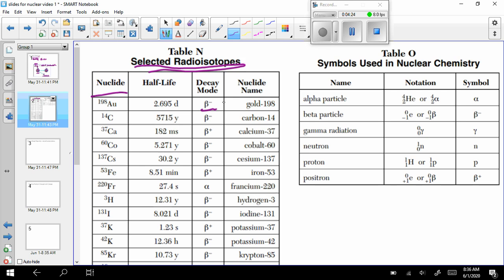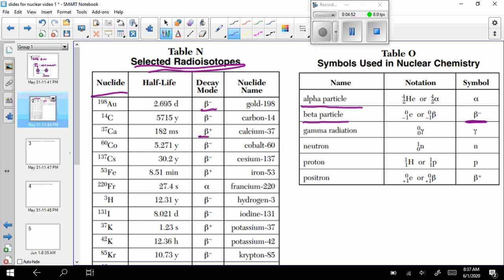So I'm going to look for this B minus, and there it is. So this is called a beta particle. You could write it as 0, minus 1 e, or you can put the beta sign, 0, minus 1 beta. Whereas in alpha, when something lost an alpha, it lost a mass of 4 and it lost 2 protons. So that's the same thing as helium, or 4, 2, and you can draw the little alpha.